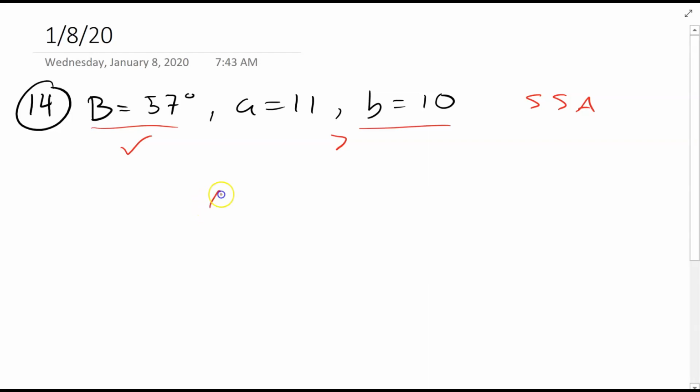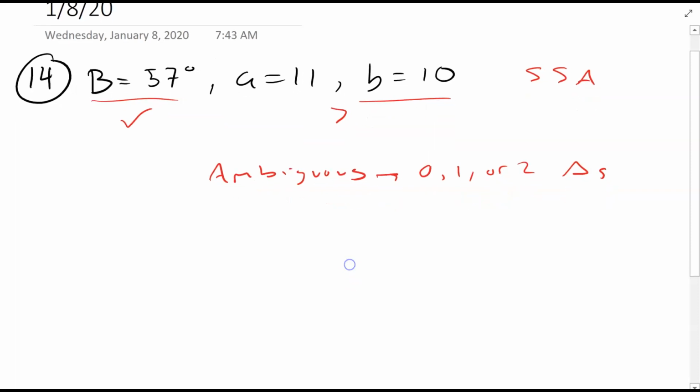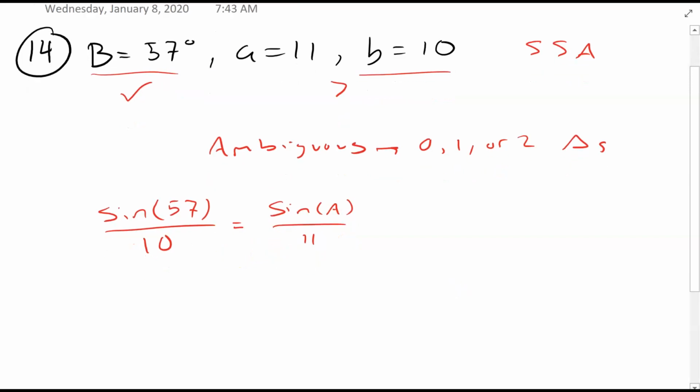Okay, so this is the ambiguous case situation, which tells me I'm either going to have 0, 1, or 2 triangles. We don't know which one right away. To figure out which situation we'd be in, I'm going to use the law of sines. So I'm going to do sine B over B equals sine A over A. I'm then going to cross multiply and divide to get the sine A by itself.